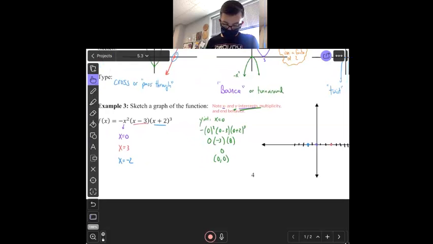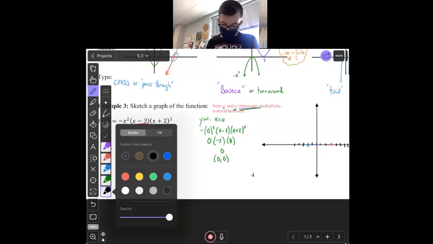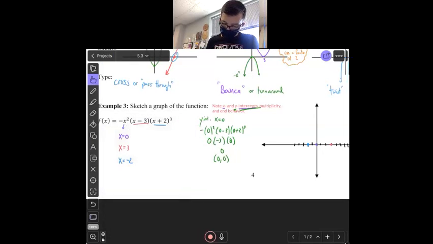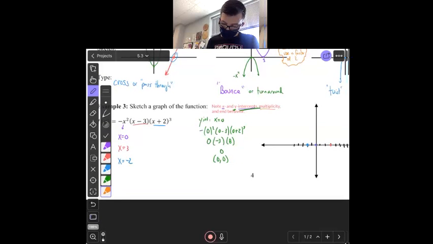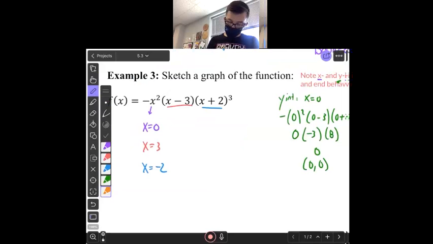Then they want us to talk about the multiplicity of those intercepts. Now that's all about the exponent. 2, that's even, so that's a bounce. This graph better bounce at 0.